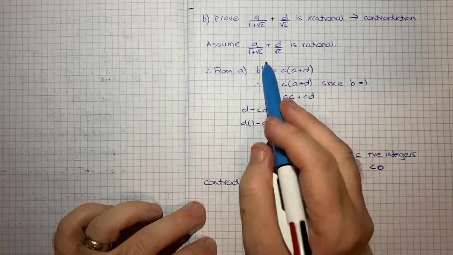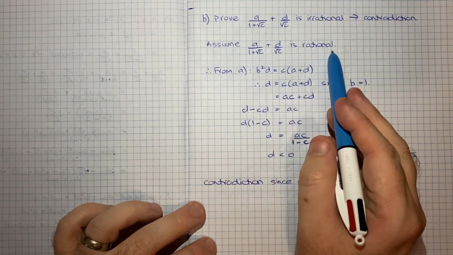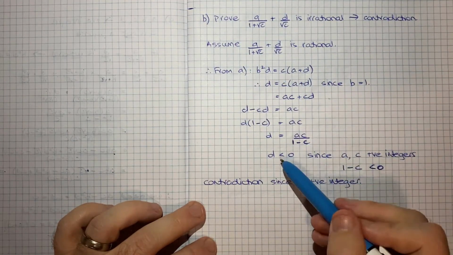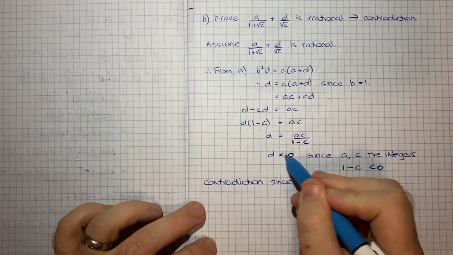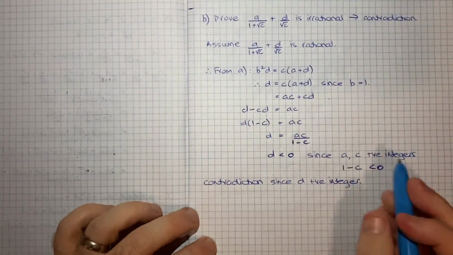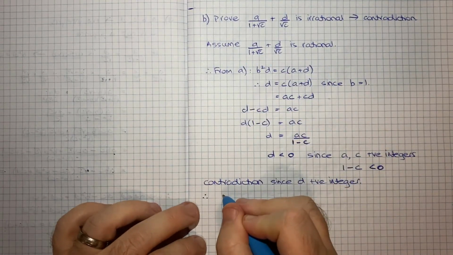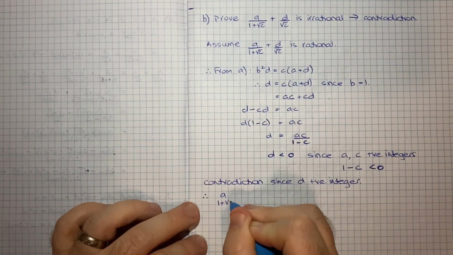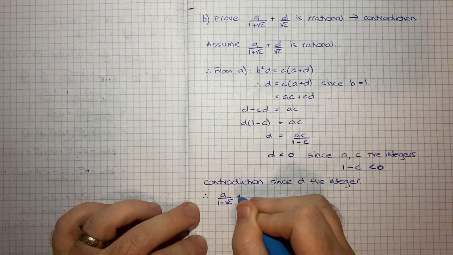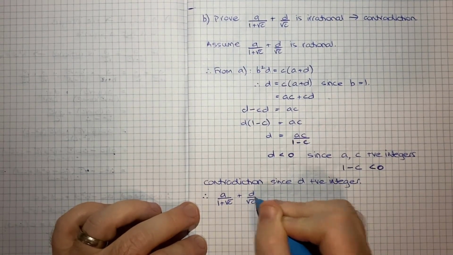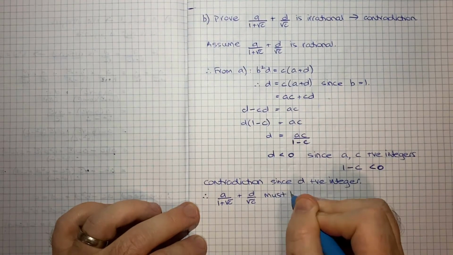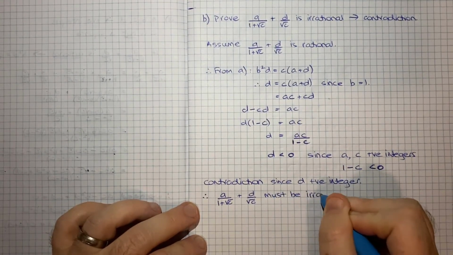So when we assume that this expression is rational, we end up with a conclusion that is not possible. It's a contradiction. Therefore, the opposite of what we assumed must be true. So therefore, a on 1 plus root c plus d on root c must be irrational.